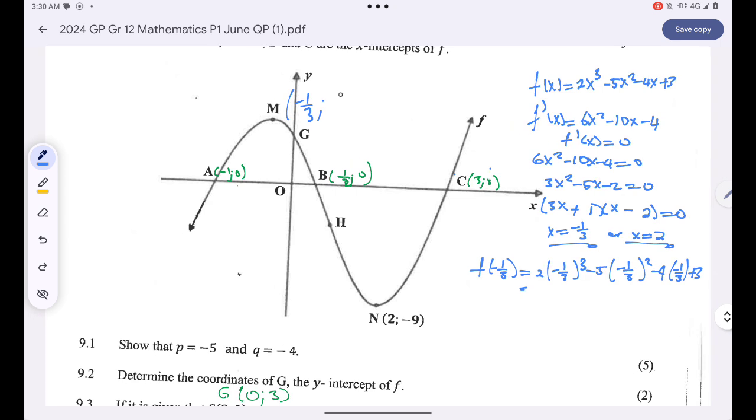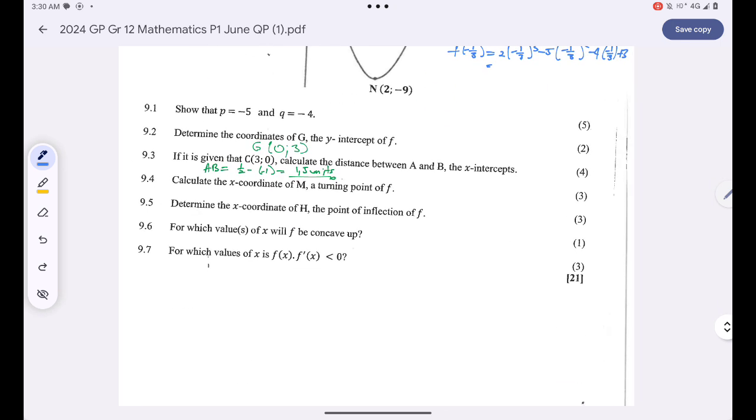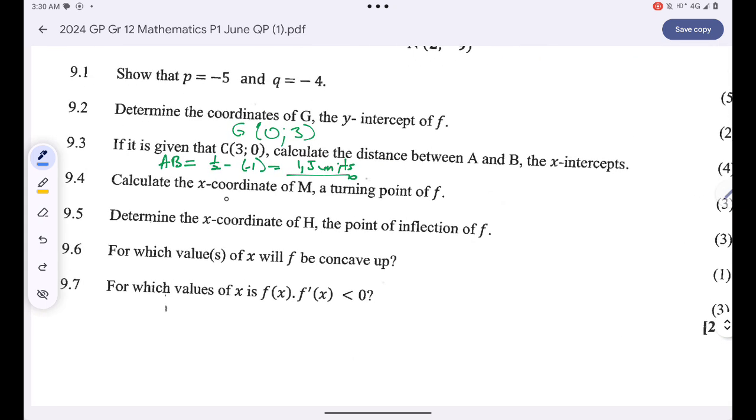This will give me the corresponding y value, because I know that x is just negative 1 over 3. So this will just give me 100 over 27. For the coordinates of M, they only wanted the x coordinate. So x is just equal to negative 1 over 3. We did not have to find the y value.